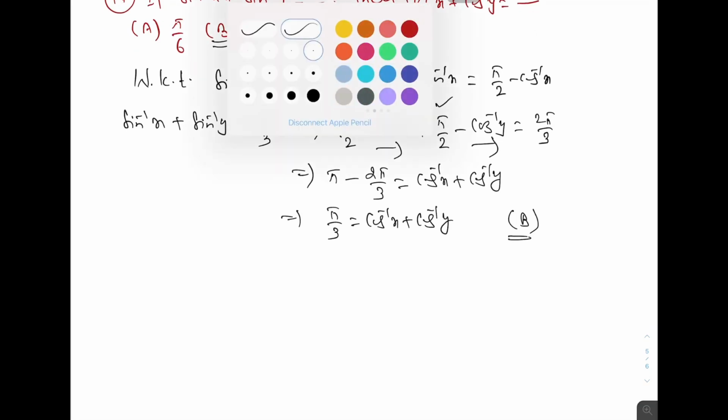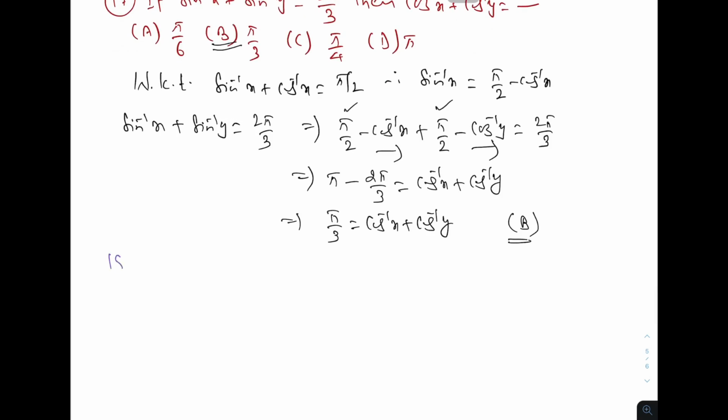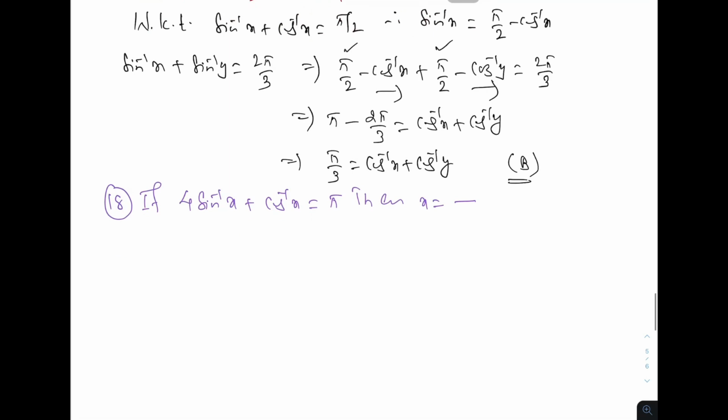Okay, let us take one more. If 4 times sin inverse x plus cosine inverse x equal to pi, then x is blank.